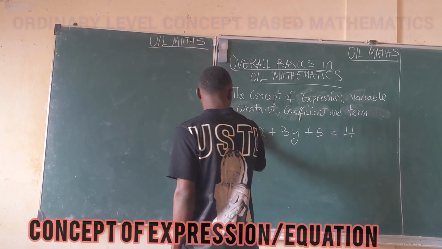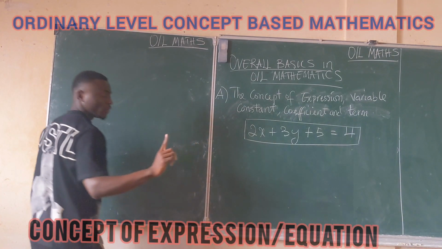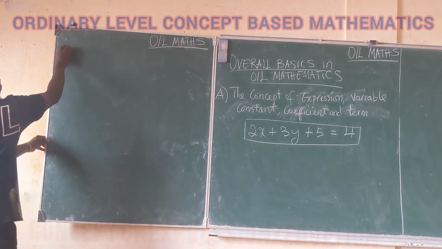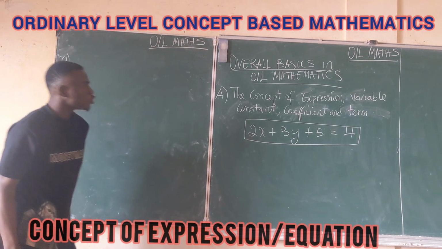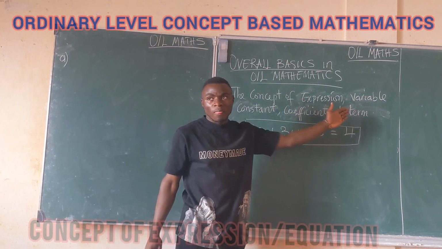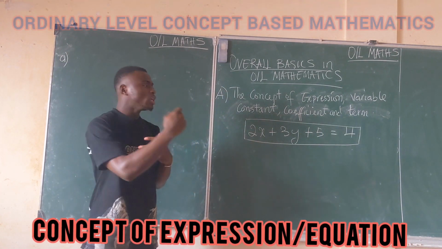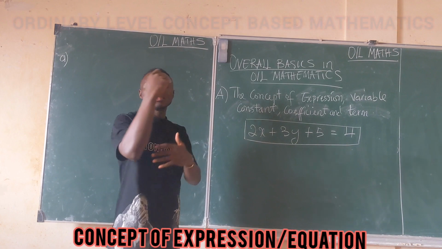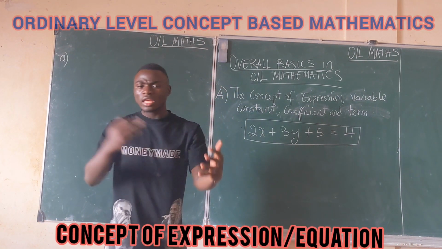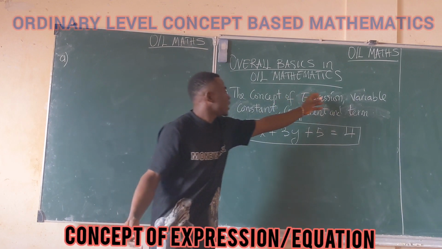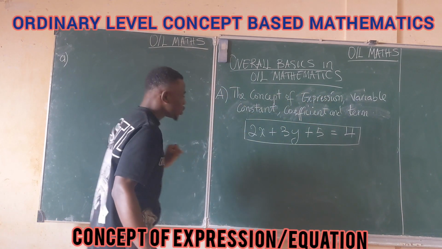Now from this equation, we are going to take note of the following points. Point number 1: the very first point is the expression. When we are talking about an expression, we are talking about a combination of variables, constants, terms, and coefficients; everything that we see here makes up the expression.